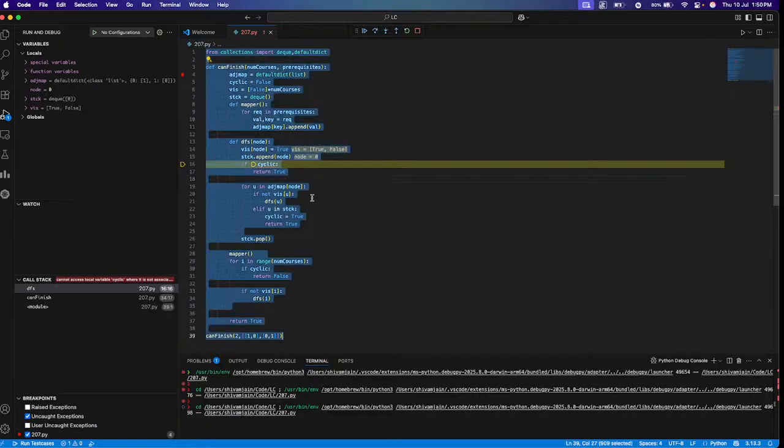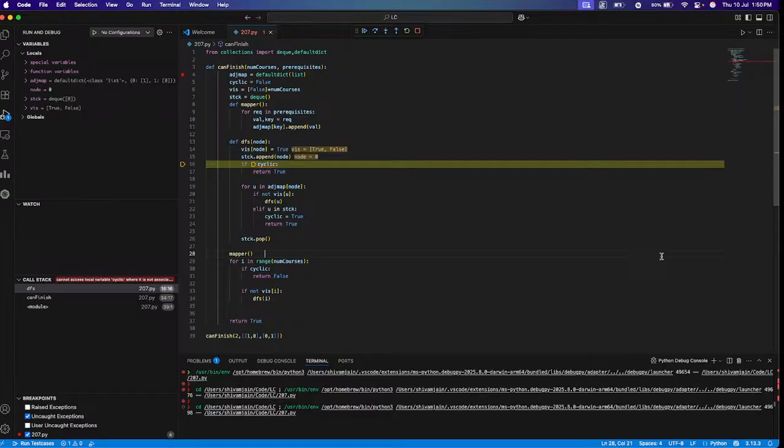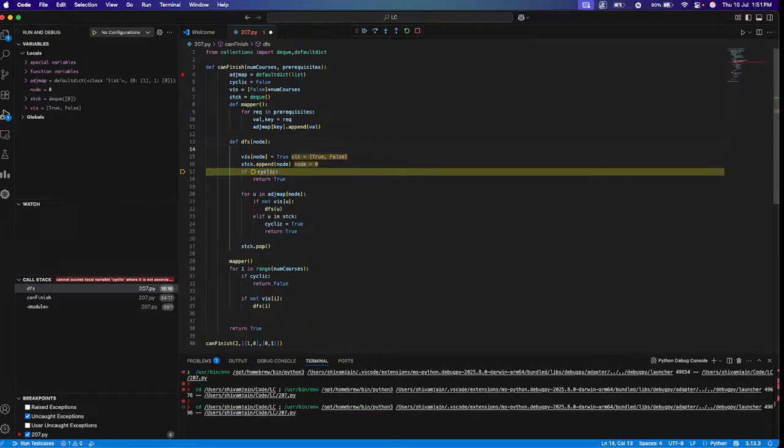That's weird. I had no clue this was a thing, but apparently nonlocal cyclic is a thing. There you go.